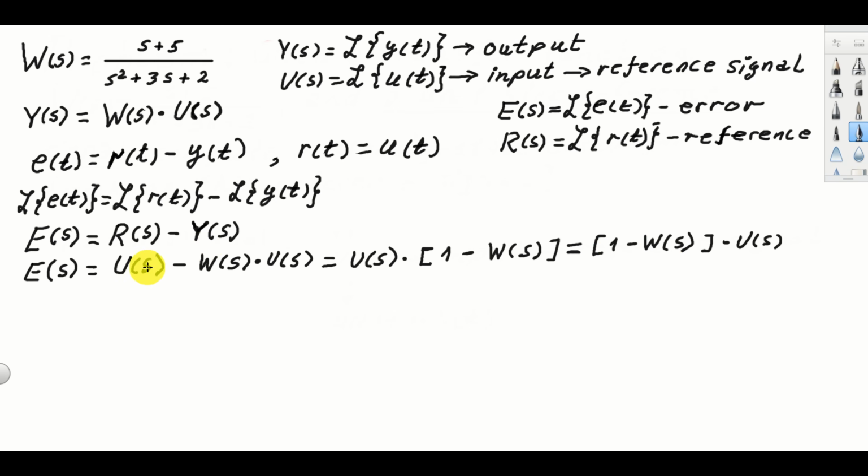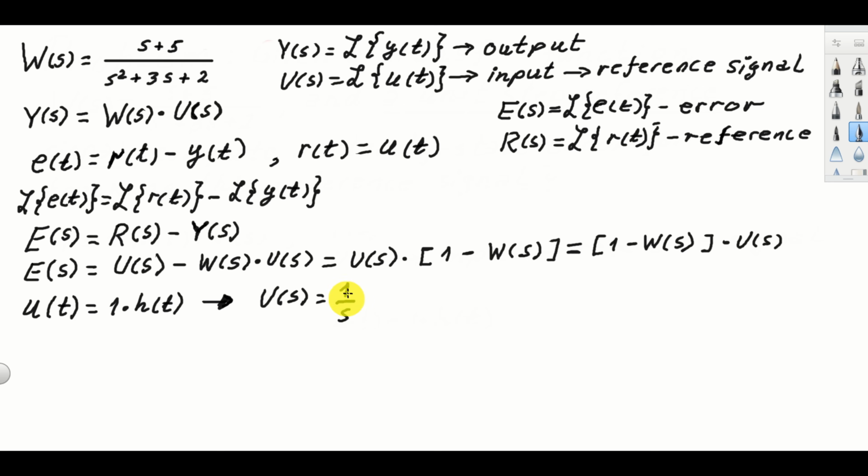Now, in our case, U of t is a unit step signal. In the time domain, this signal is written as 1 multiplying h of t, where h of t is a Heaviside function, or the Heaviside unit step function. If we apply the Laplace transform to this equation, we will obtain U of s is simply 1 over s.